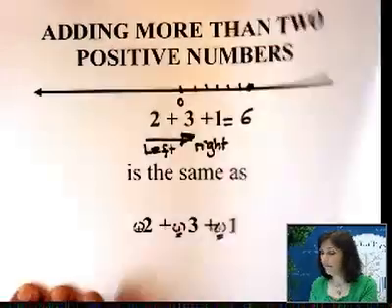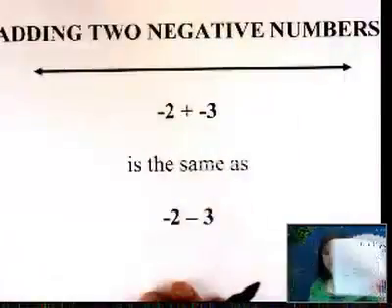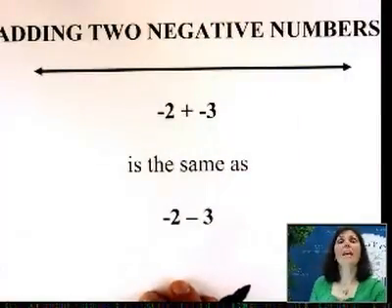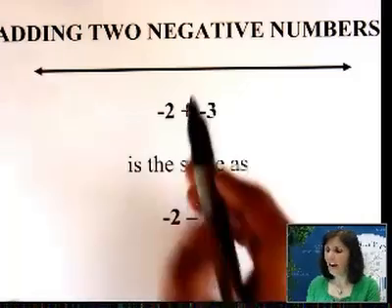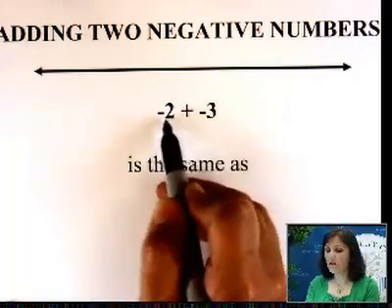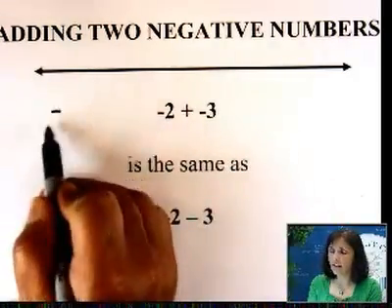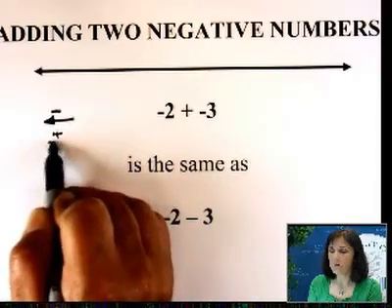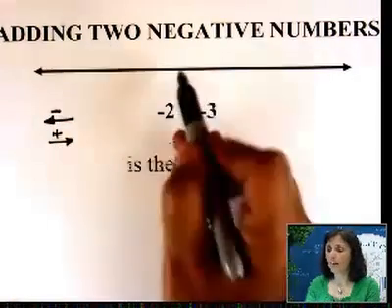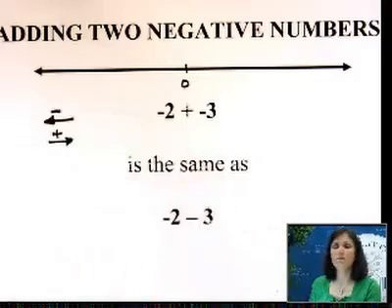All right, how about adding 2 negative numbers? Now, I can put the negatives in here, and you have to remember when you see negative, it is to the left, and positive is to the right when you move on your number line when you add. Here's my 0.